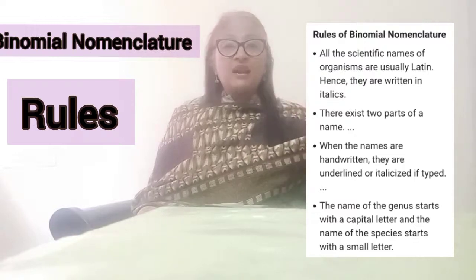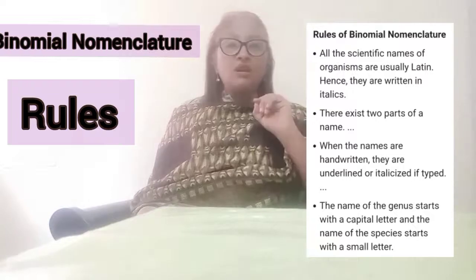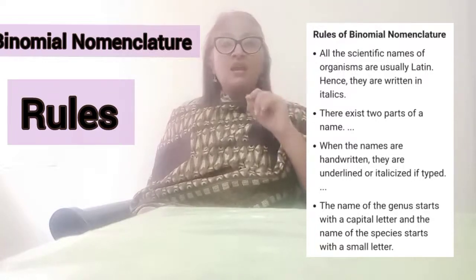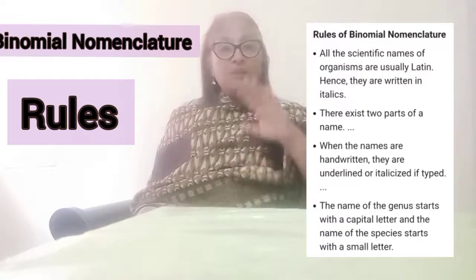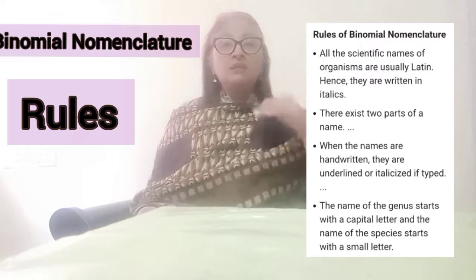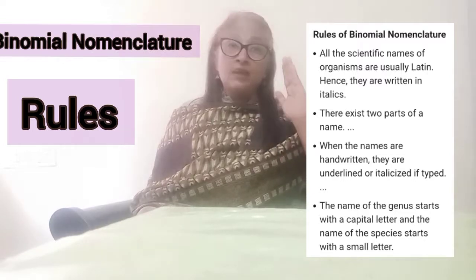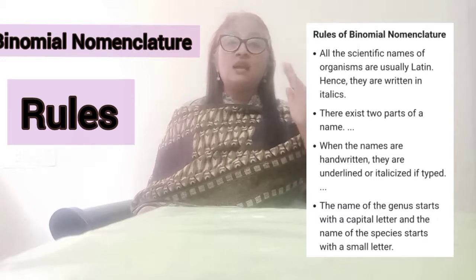Now if we are writing in our notebook or during our exam or in a paper, we have to underline the words Homo and sapiens separately. But if we are typing on our computer, then these two words should be typed separately and represented in italics.